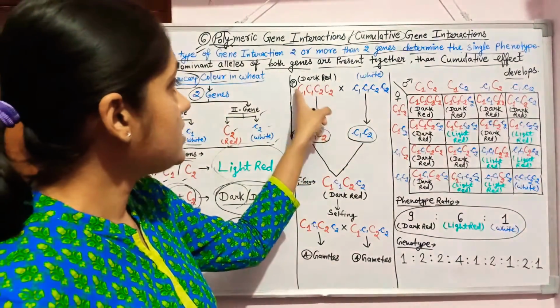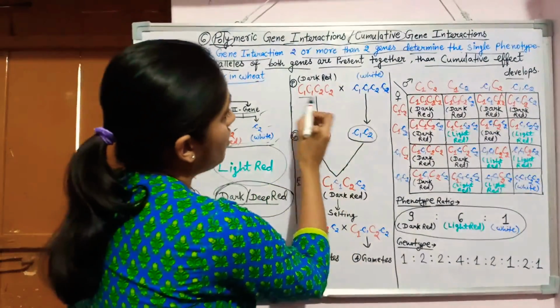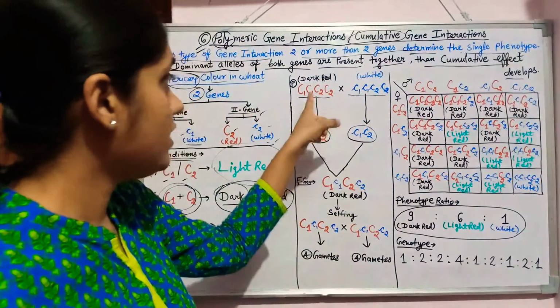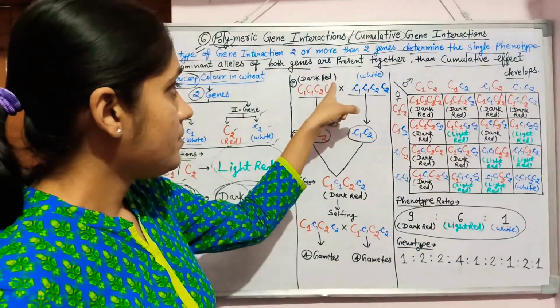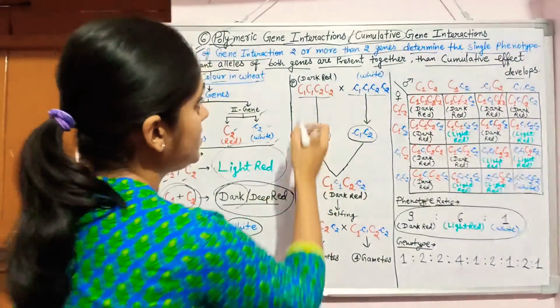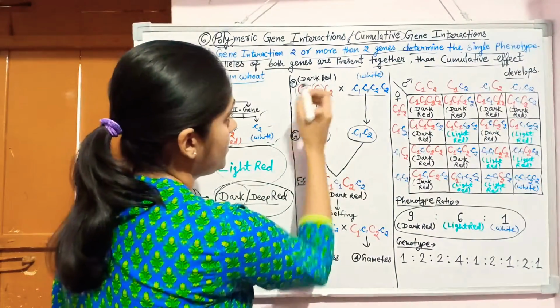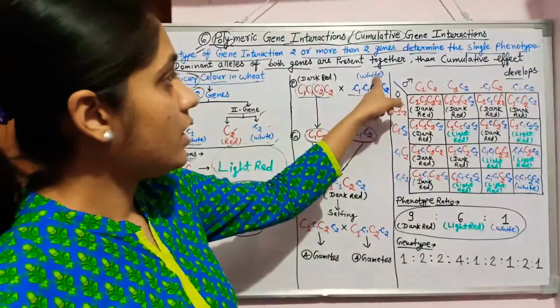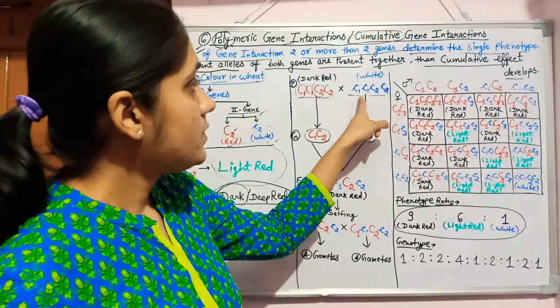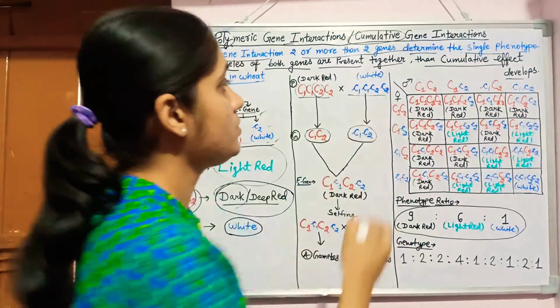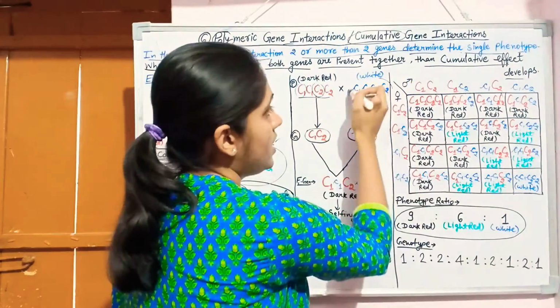First of all, the parents are homozygous. The first parent has the dark red pericarp, because you can see C1 and C2 both are present. Here the pericarp is white, because small c1 and small c2 means no dominant allele is present.